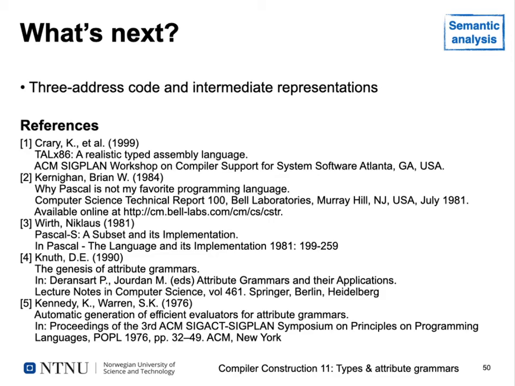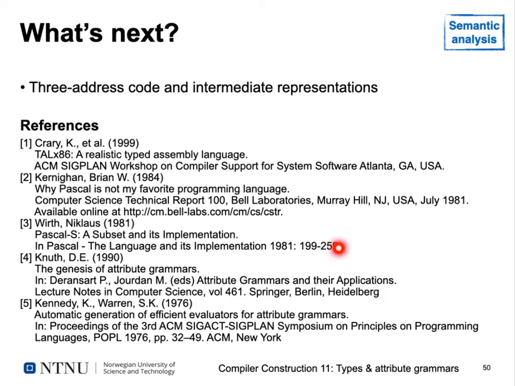Here are a number of additional references about typed assemblies. There was a hype on this a couple of years ago, like 20 years ago. There was a critique of Pascal by Brian Kernighan, whom you might recognize as one of the people behind C and Unix. Then, of course, there's another paper by Niklaus Wirth, which is Pascal as a subset and its implementation.